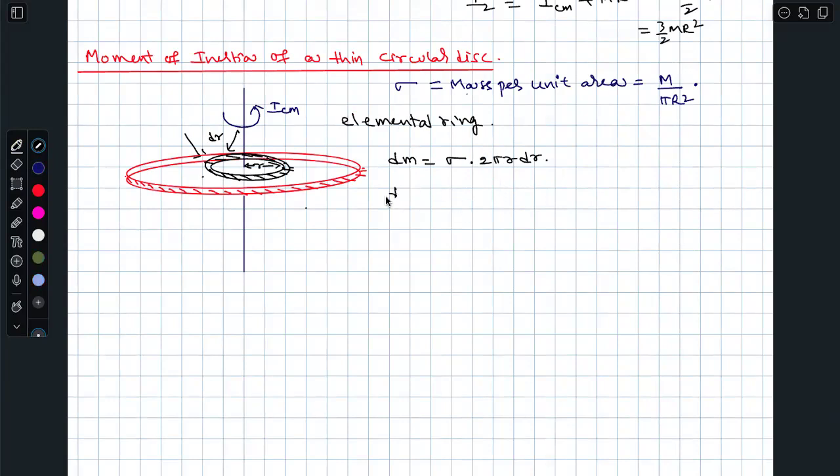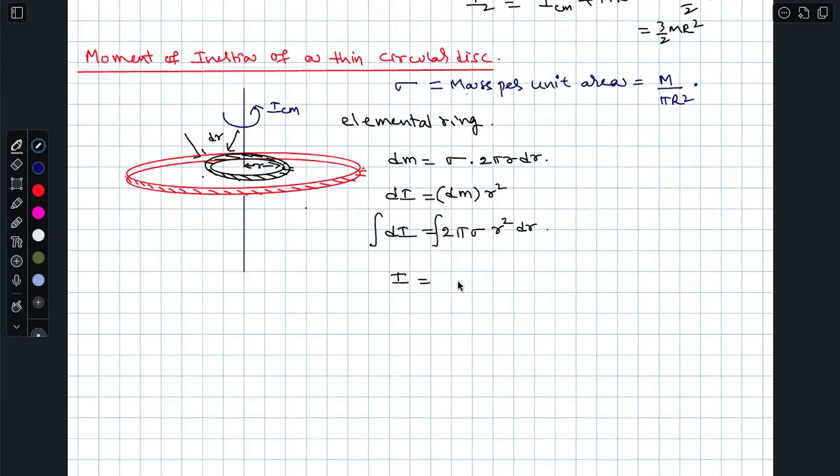So what is the moment of inertia of this arrangement? dm times r square, 2 pi sigma r cube dr. That is dI. Now do the integration part.